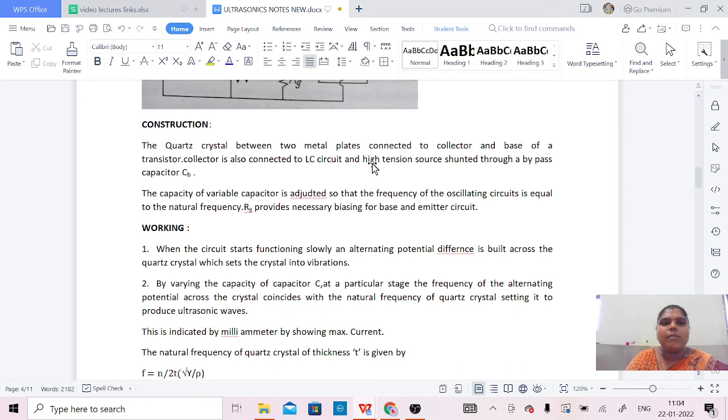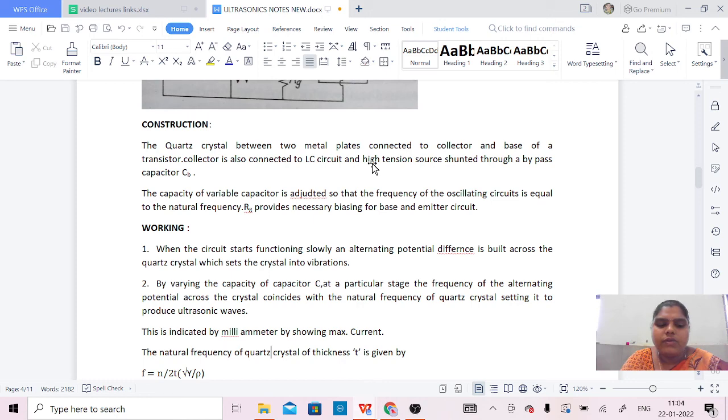Whenever the capacitance of the capacitor varies, at a particular stage the frequency of the alternating potential across the crystal matches the natural frequency of the crystal, and then the production of ultrasonic waves is possible. This is indicated by the milliammeter showing a maximum current.